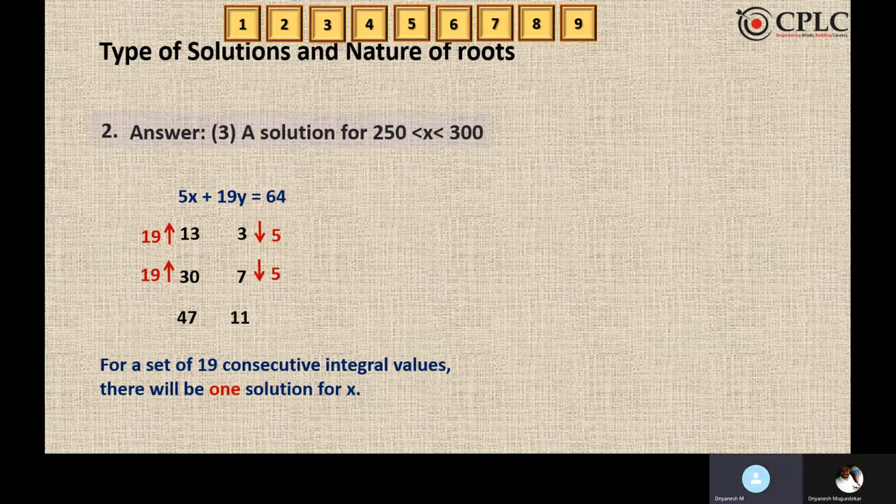So among those 50 values that x can assume between 250 and 300, there will definitely be one solution. In fact, I can guarantee you there will be two such solutions because 19 twos are 38. So considering all of this, option 3 is the correct answer.